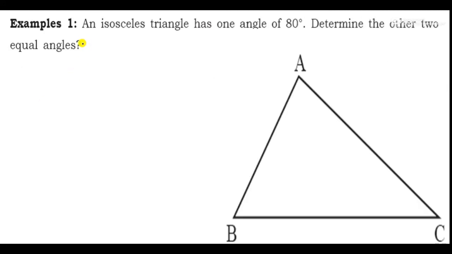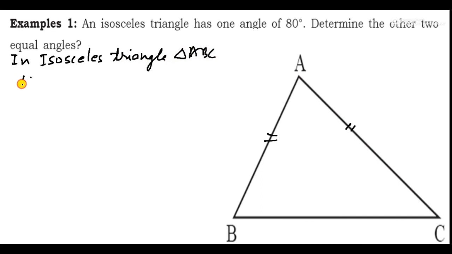Now come to example 1. An isosceles triangle has one angle of 80 degrees. Determine the other two angles. Isosceles triangle means AB and AC are equal. In isosceles triangle ABC, side AB is equal to AC.